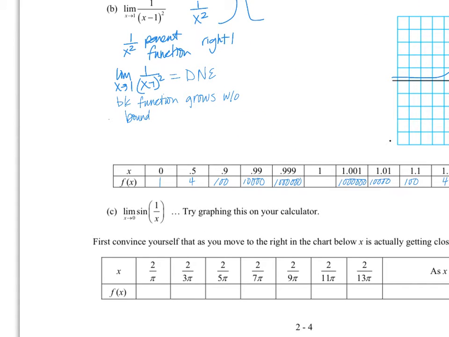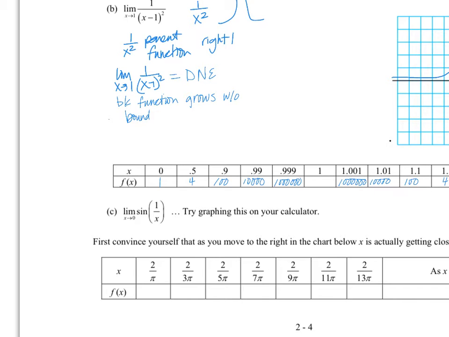Let's try one more. Try graphing this on your calculator, part C. So we're going to graph sine of 1 divided by x. Okay, let's go zoom standard. Well, that's not too bad.